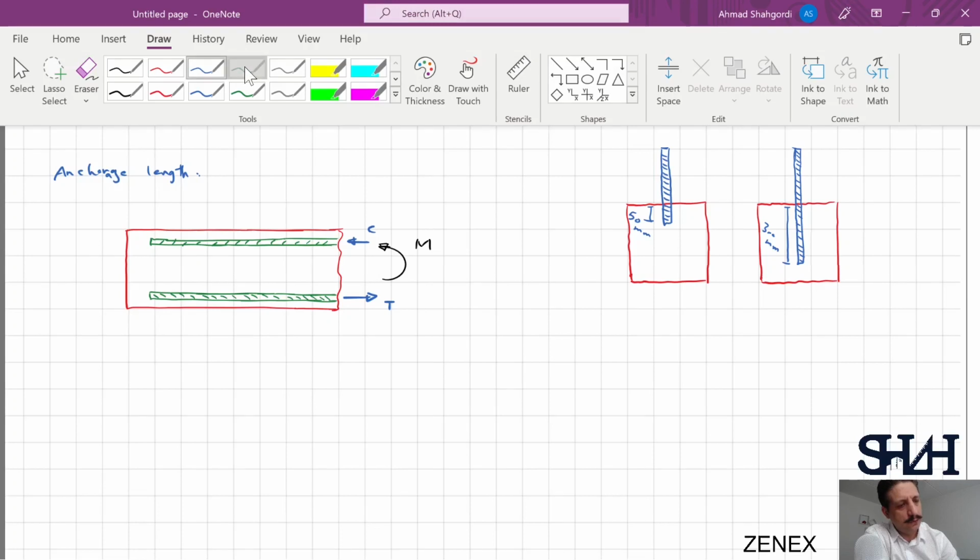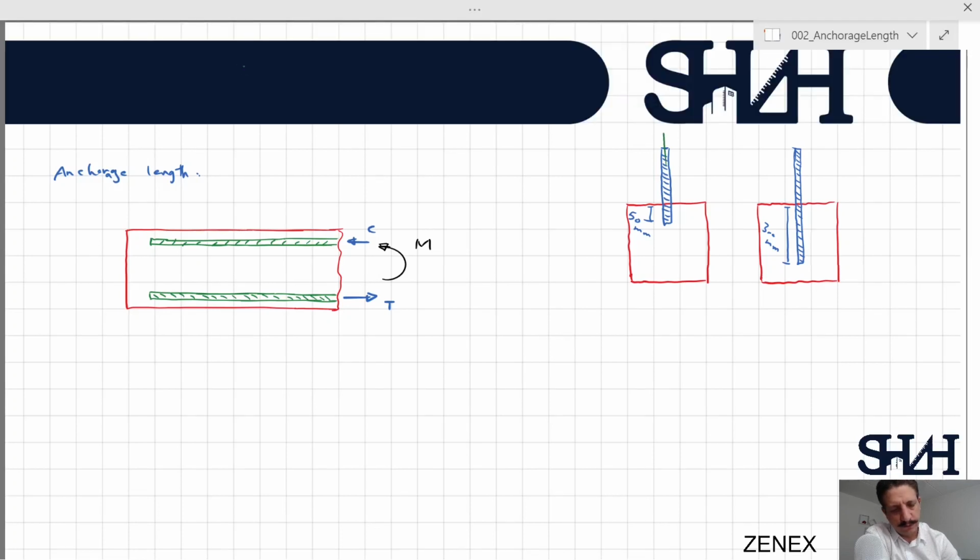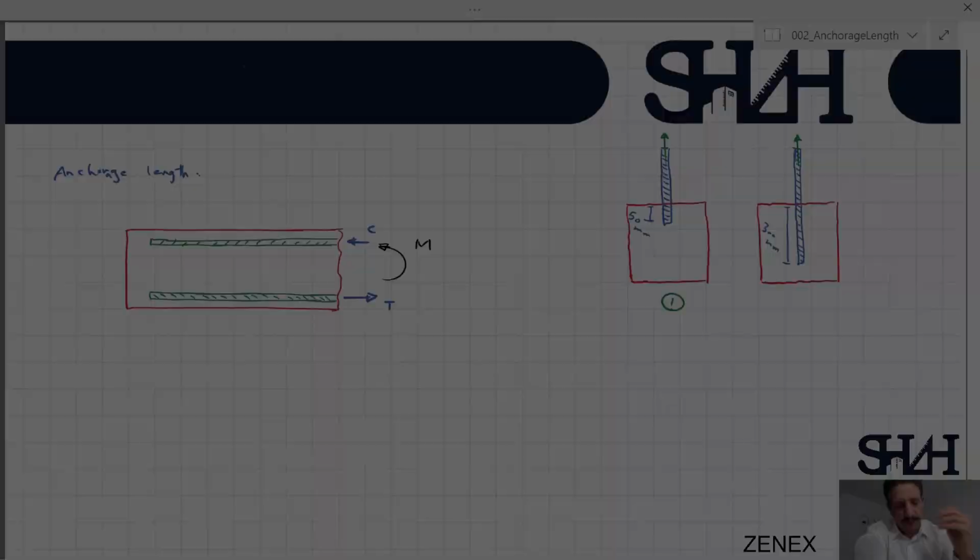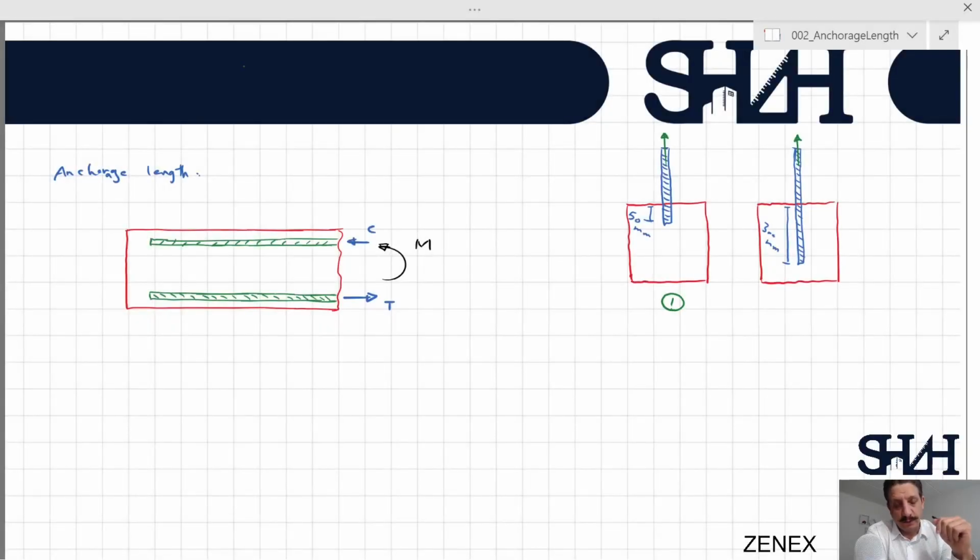If we apply the force to this reinforcement, we can see that the first one, which is on the left, is susceptible to fail. We can see that in case number 1, the anchorage length is quite short. As a result, if we increase the force T, then before we reach the capacity of the rod in terms of actual stress, it can pull out.